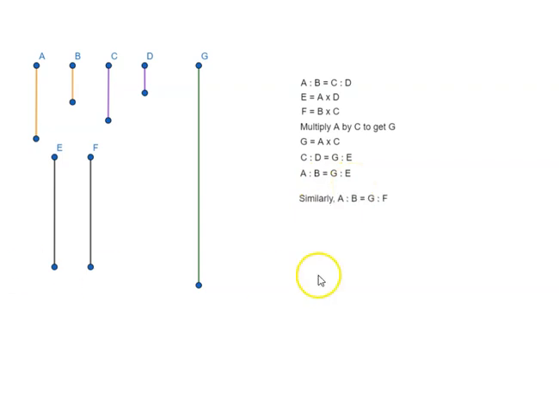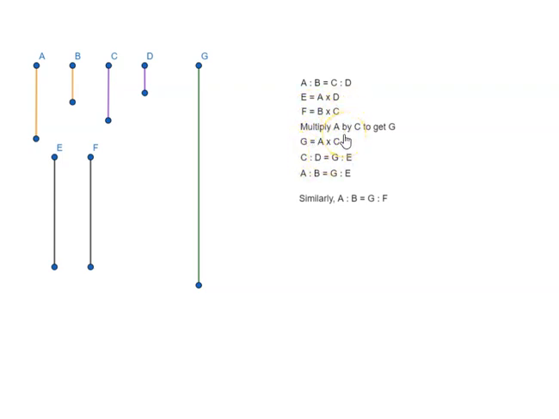Okay. Similarly, we can show that A is to B is equal to G is to F. So here you see F is equal to B times C, G is equal to A times C. So we have here two numbers being multiplied by a number.